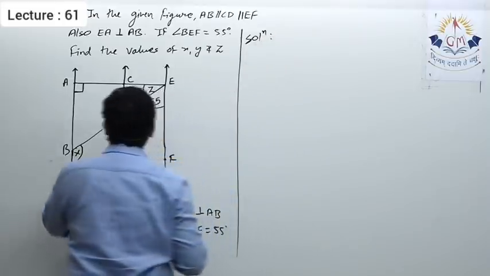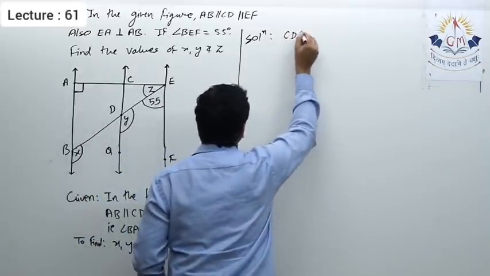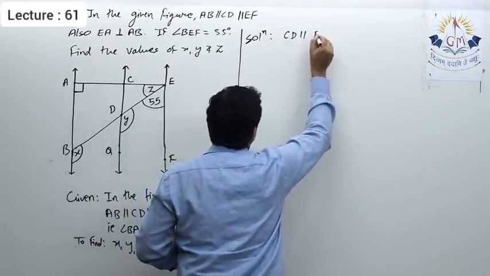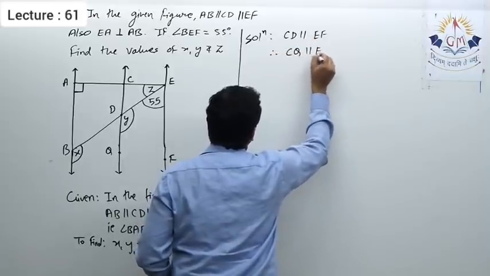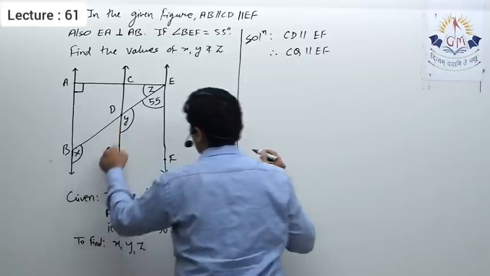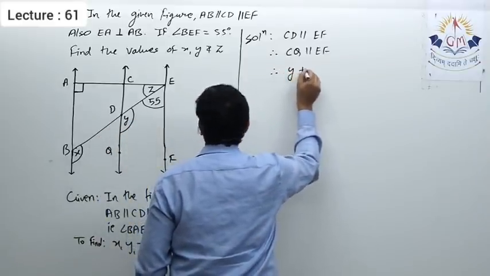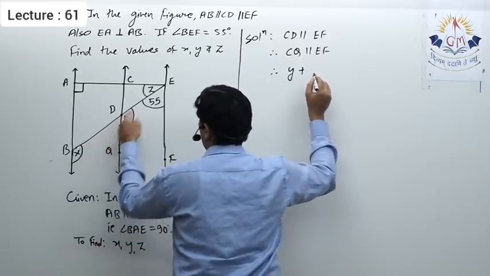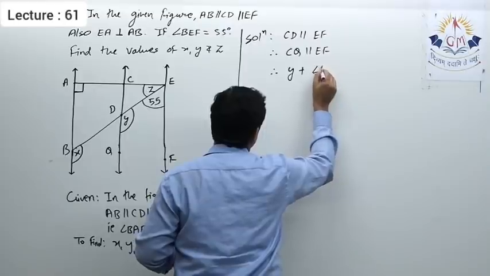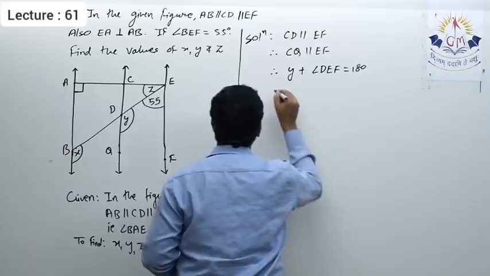See, first of all I will go for Y. It is given CD parallel EF, therefore CQ parallel EF, isn't it? As CD parallel EF, so CQ parallel EF. Therefore Y plus angle DEF is equal to 180 degree.